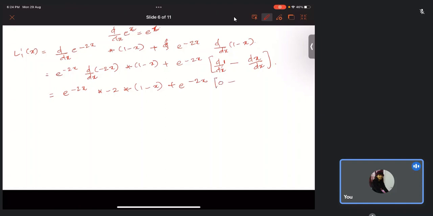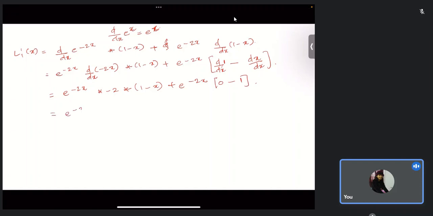So 0 minus 1. So this will become e raised to minus 2x times minus 2, that is minus 2 e raised to minus 2x, and when it is multiplied by 1 it stays the same. When it is multiplied with minus 2x it will be plus 2x e raised to minus 2x, and you will have a minus e raised to minus 2x when this is multiplied with minus 1.